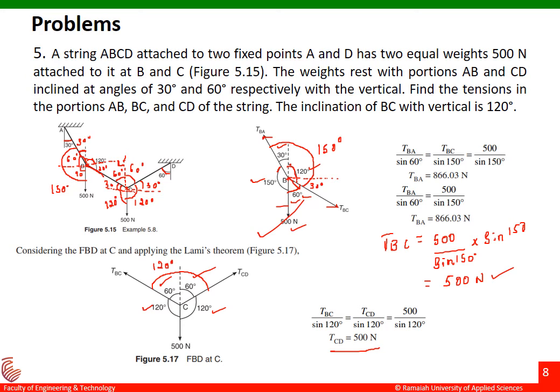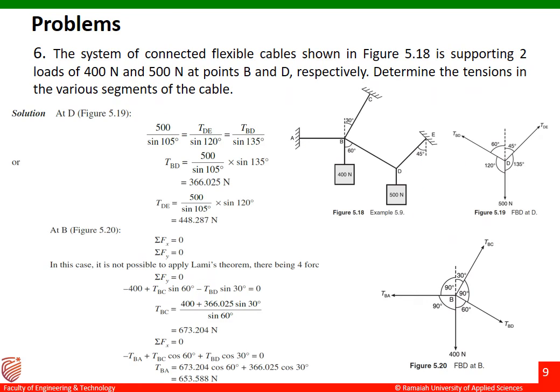So you will get the answer for TCD as 500 Newton. So this is the final answer for TCD. So we found out the answer for TBC, that is 500 Newton, TCD is also 500 Newton, and then TBA is 866.03.